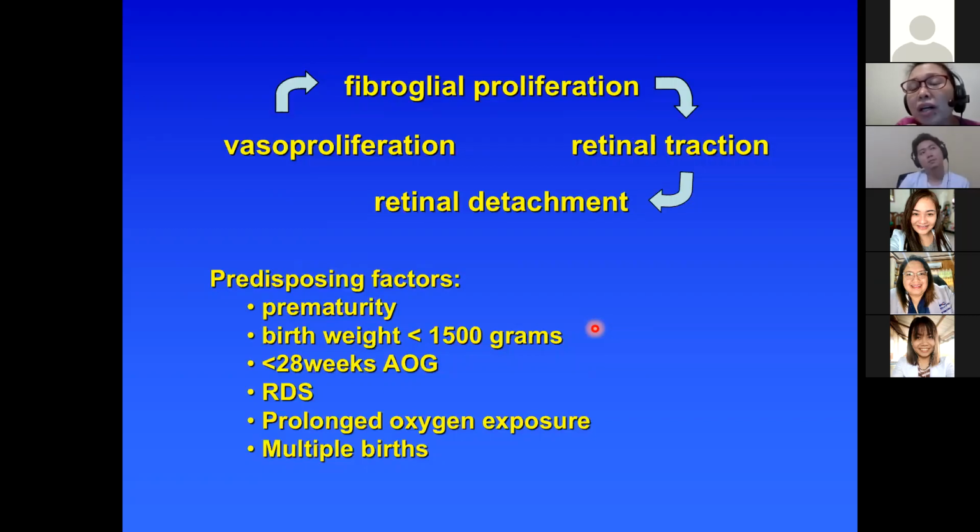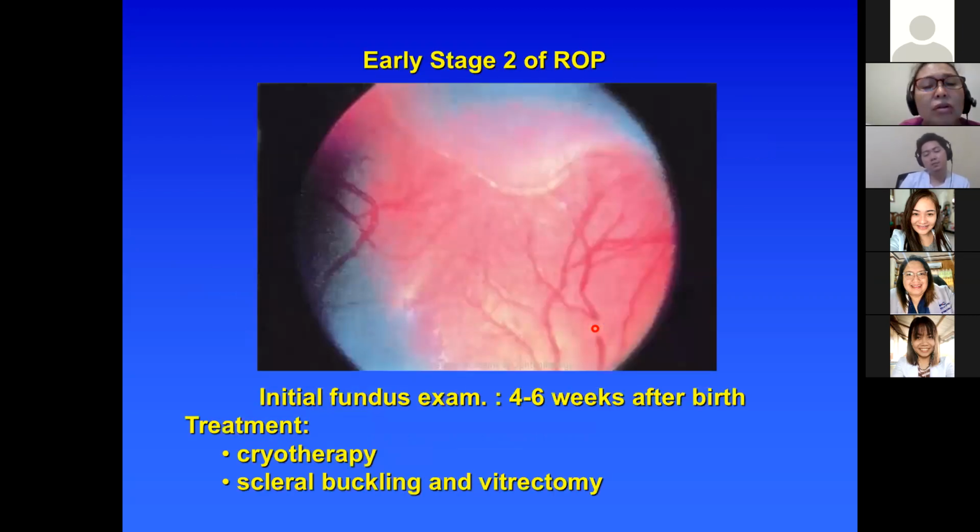That is why the blood vessels develop abnormally at the periphery of the retina, causing abnormal fibrovascular proliferation at the periphery, and sometimes extending to the equator. This one is stage 2, meaning there is already a ridge, there is fanning.